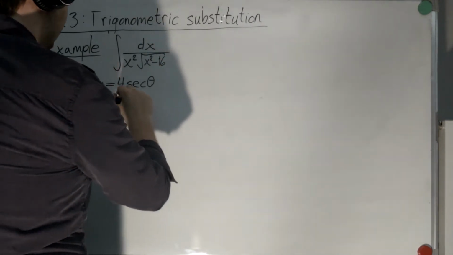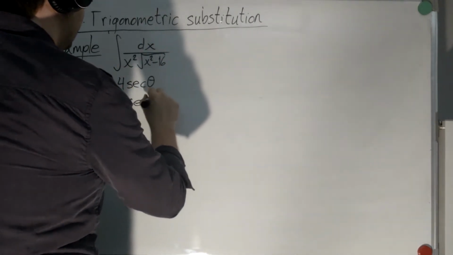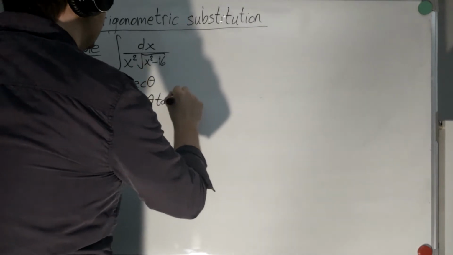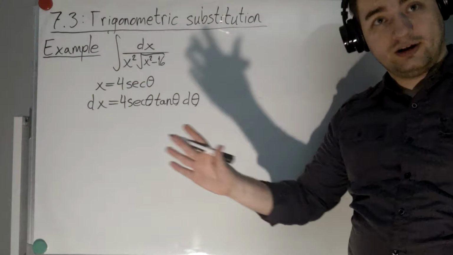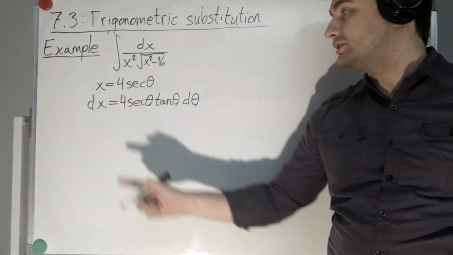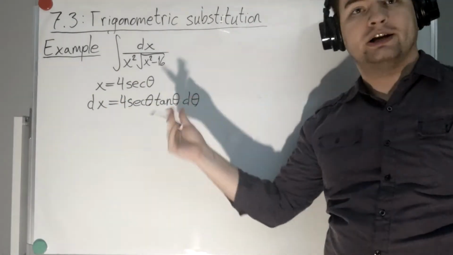dx can be written as 4 secant theta tangent theta d theta. And again, that's just notation for saying dx d theta is 4 secant theta tangent theta.